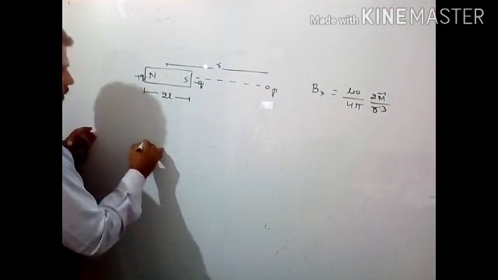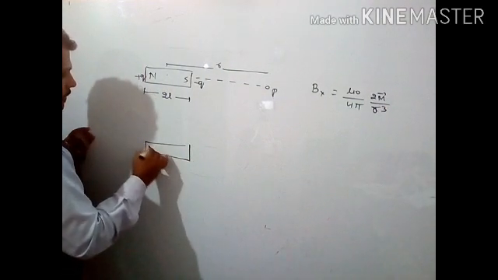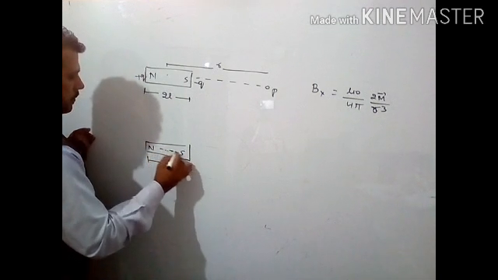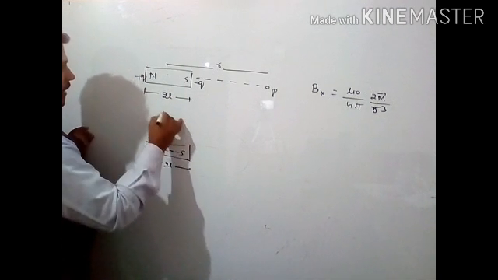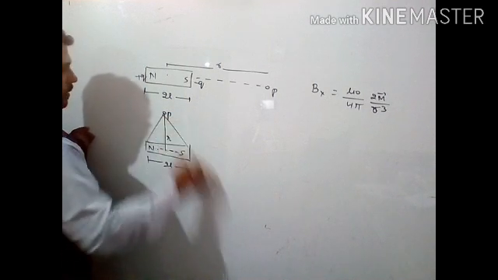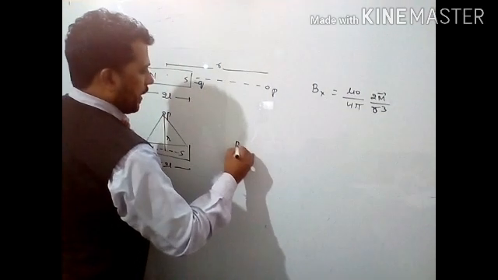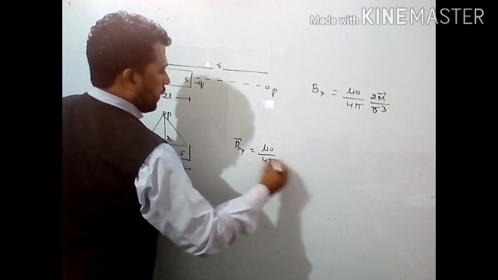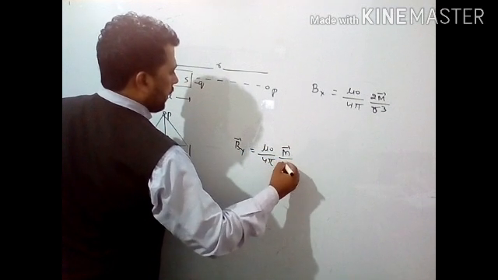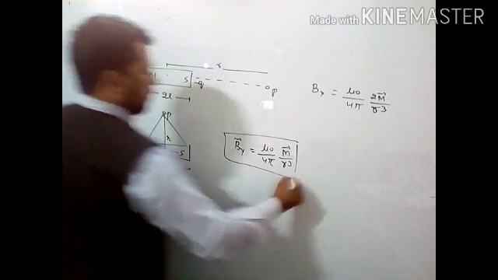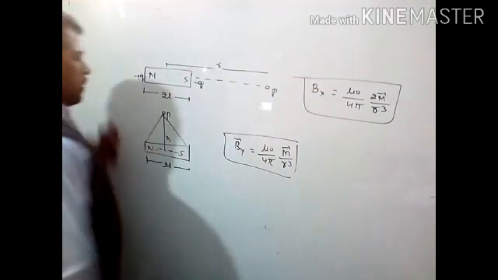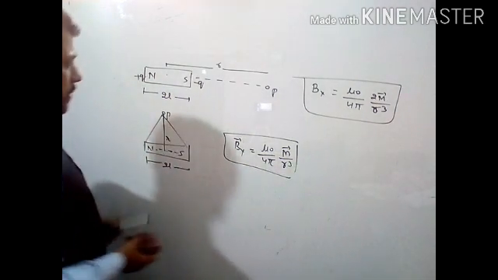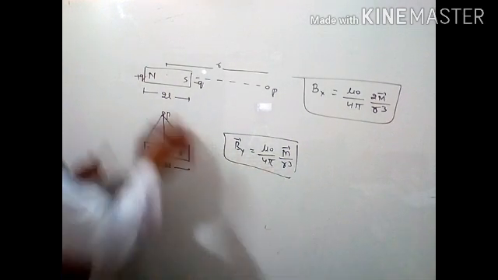And whenever we calculate at distance r on the y-axis, this will be the magnetic field on the equatorial line, mu naught by 4 pi m by r cube, whatever we will find in this topic. Okay, so these are the two magnetic fields which we will solve in this way.